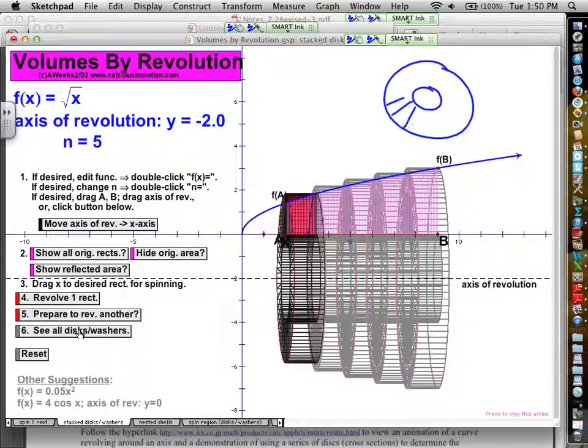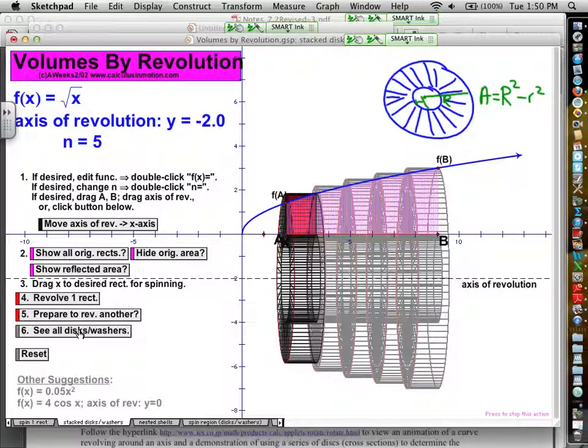And back in geometry, you found maybe the area of this. You looked at a big radius and a small radius, and to find the area, do you remember what you did? Big radius, right, minus the small radius.